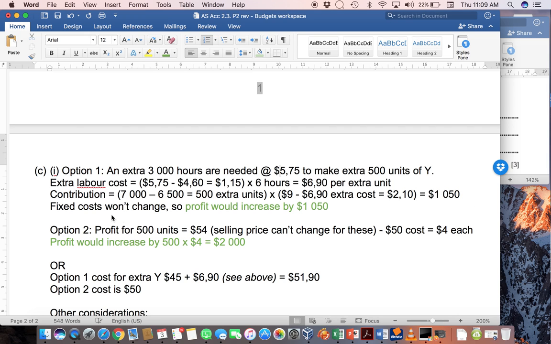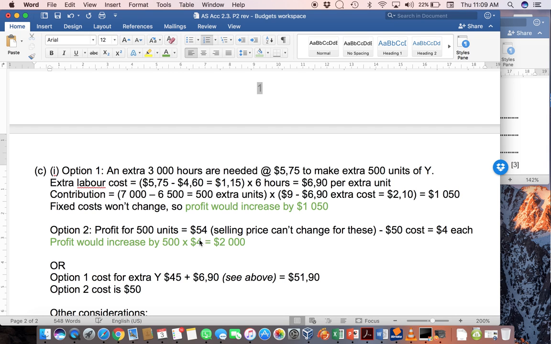So my overall contribution is only going to be 1,050 extra. Since my fixed costs won't change, as we discussed in B, it's not going to affect the profit. So the profit would actually increase by the total of this extra contribution. So I need to factor that in. That's what my profit would increase by.